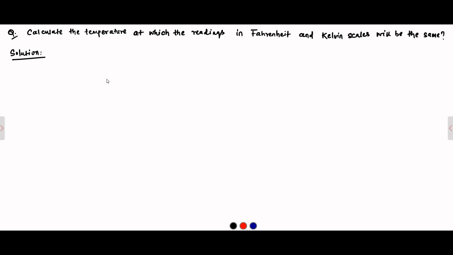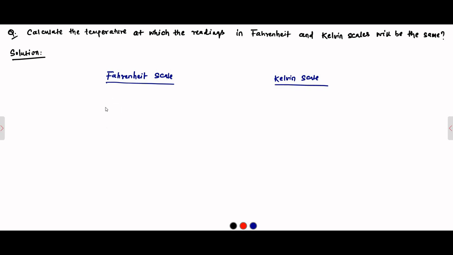So directly we'll go. On one hand we have the Fahrenheit scale and on the other hand we have the Kelvin scale. Let the temperature in Fahrenheit be TF.